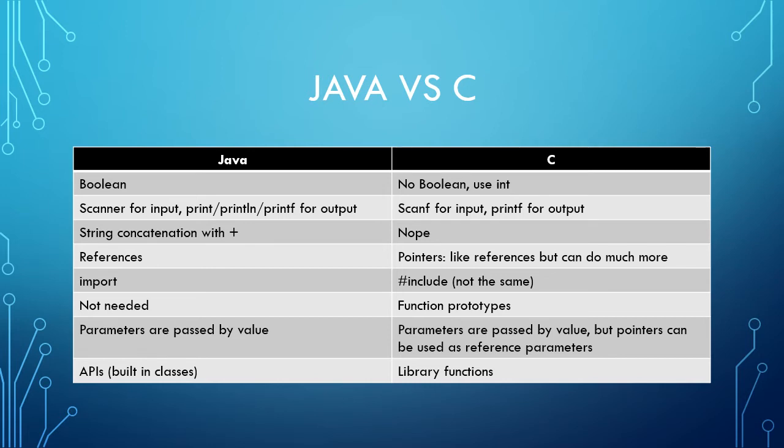And that kind of goes along with the next thing, which is that in C we use function prototypes, and in Java we don't need them. So just like variables, functions need to be declared before they're used so that the compiler can check: did you call this function correctly? Did you use the right number and type of parameters?